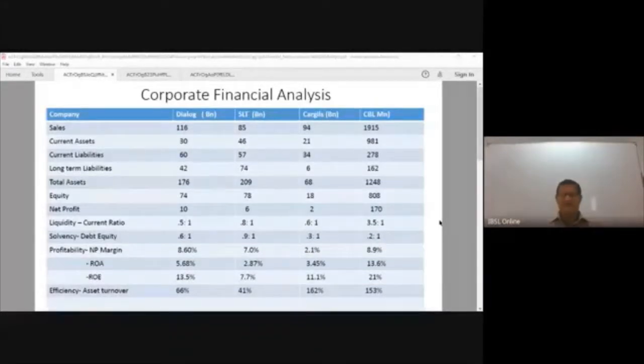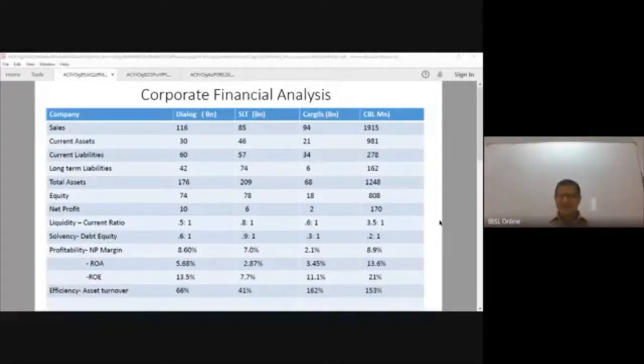As a result, their current assets are a little higher than those of Dialog. Having only done 85 billion in sales, they may have half of that in debtors. The current assets of 46 is very much higher compared to sales of 85.